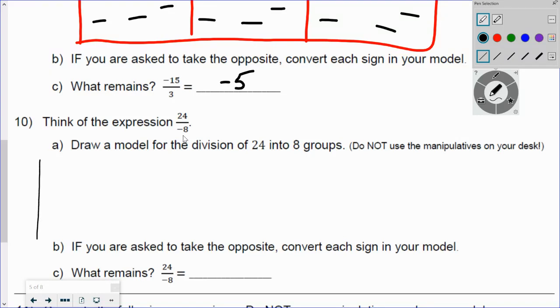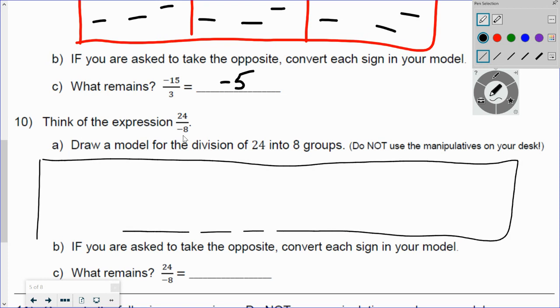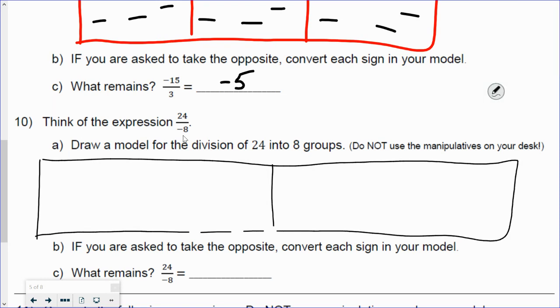Okay, so I need 8 groups. Split it in half, split it into a half, and another half. All right, double check. We have 1, 2, 3, 4, 5, 6, 7, 8. I got my 8 groups.